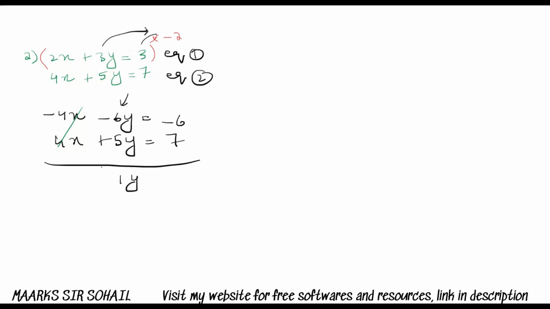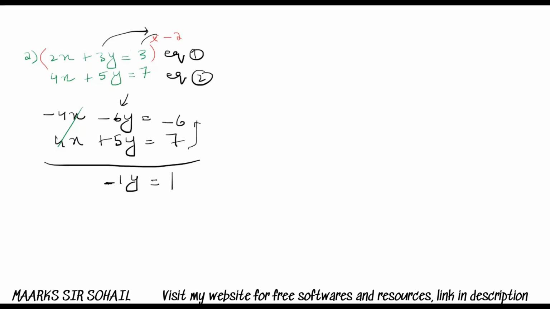If you write 1y or just y, it's the same. And since the bigger number is 6, I'll put minus with it. You know, plus minus is minus, so I'll put minus here because the bigger number is negative, and 6 minus 5 is 1, so we got -1y is equal to... Same thing we'll do here, 7 minus 6 gives us 1.